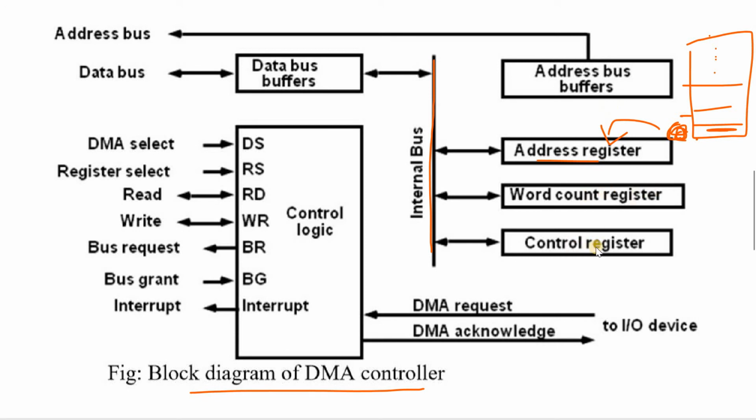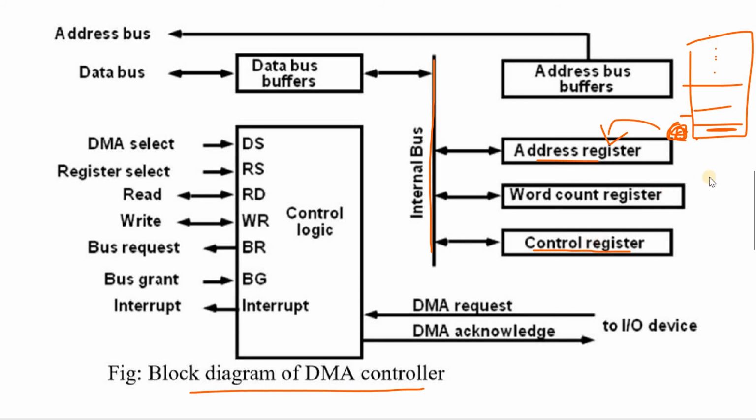Coming to this controller, after the DMA takes control of all the buses, the DMA controller will generate the control signals with the association of the control register. That means a control register always maintains the status of the mode of transfer, that is, write transfer or read transfer.